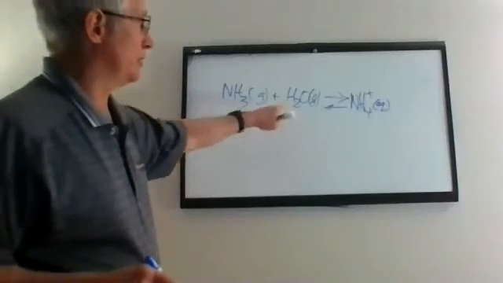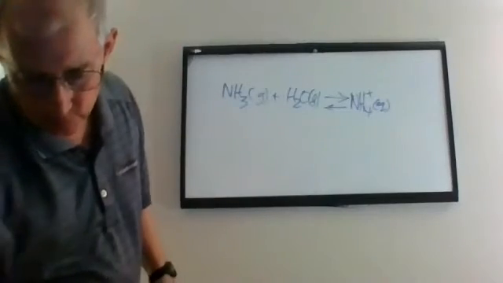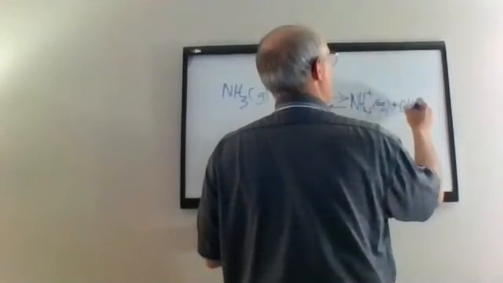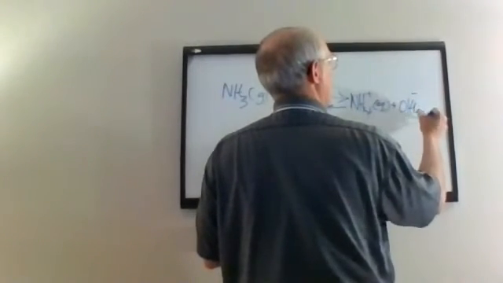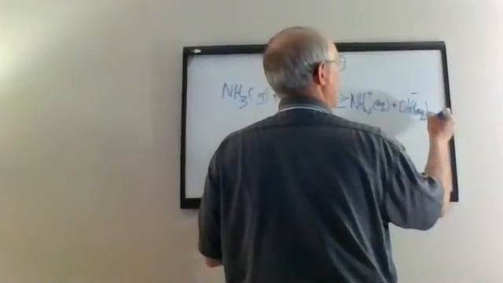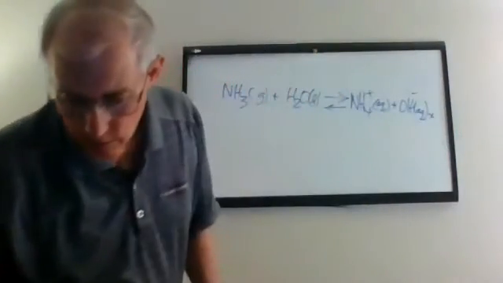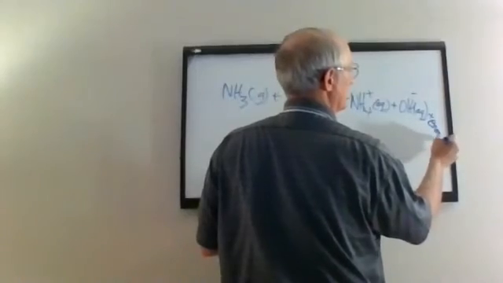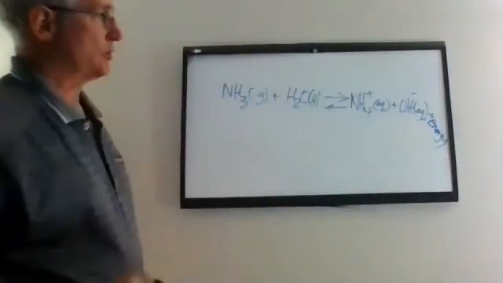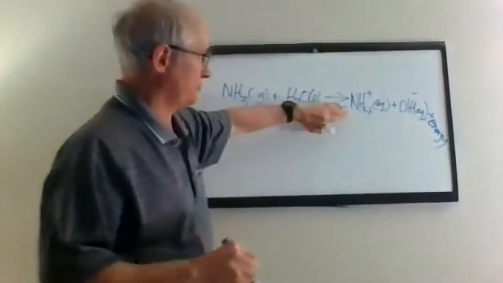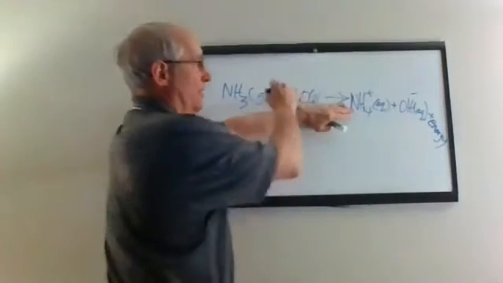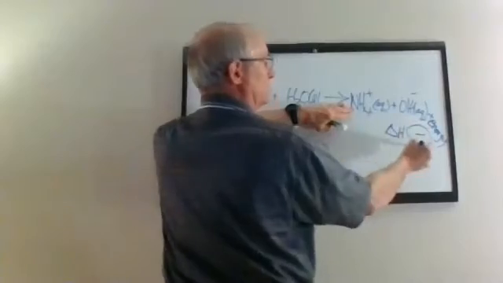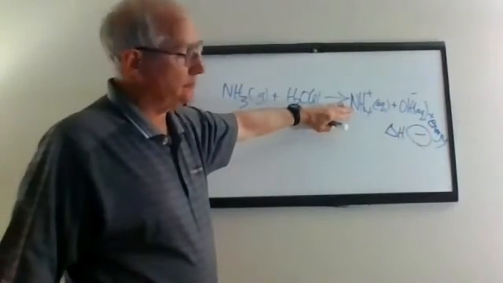So you're adding ammonia to water, you're getting ammonium and hydroxide ions and energy. So if energy is being released, let's ignore that part of it. If energy is being released, delta H is negative, right? Exothermic.